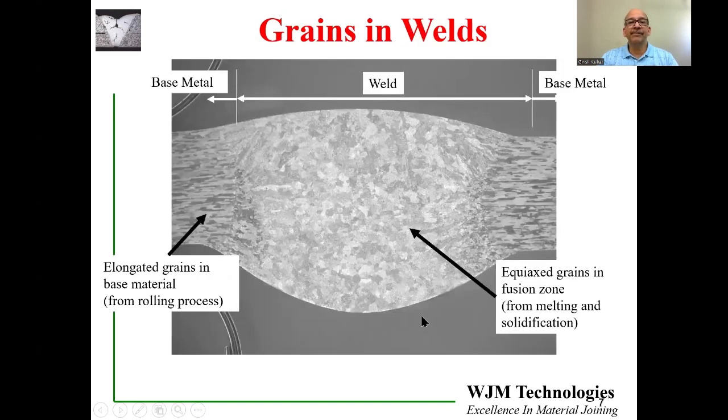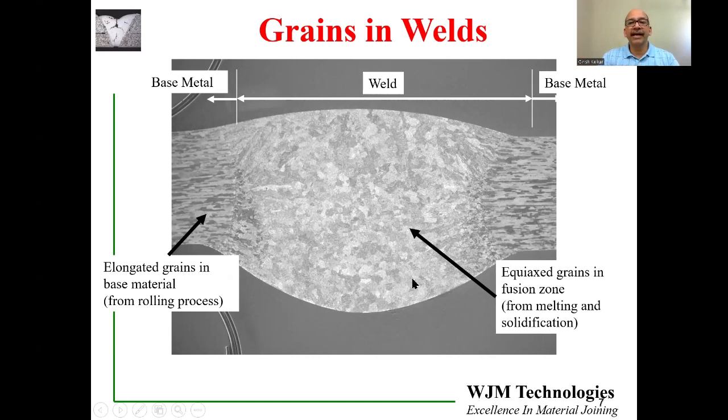Let's look at an example. Here is a butt weld between two rolled structures. How do you know it's a rolled one? You can see the base metal. You can see the grains have lined up in a certain direction. That is a very typical microstructure of rolled metal plates or extruded wires, for example. You will have a directionality to the shape of the grains.